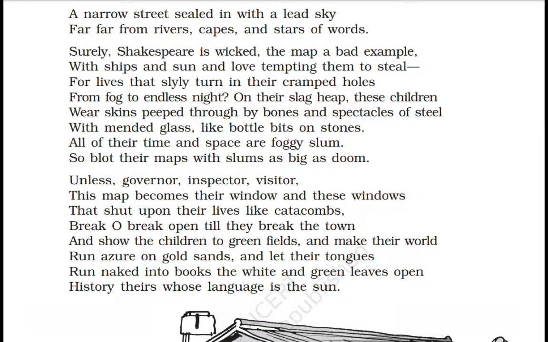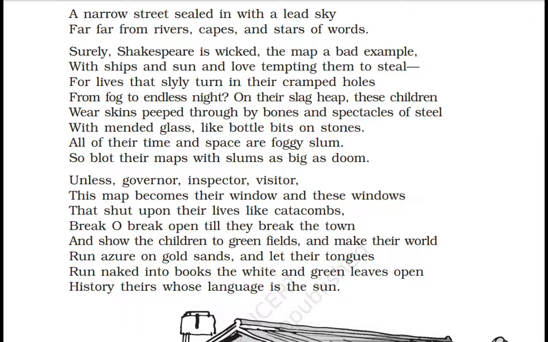It is dark with a lead sky, far far from rivers, capes and stars of words. Now these children, their life is far far from nature, from rivers, capes. Cape means a piece of land which joins the sea, and stars of words means light of knowledge.